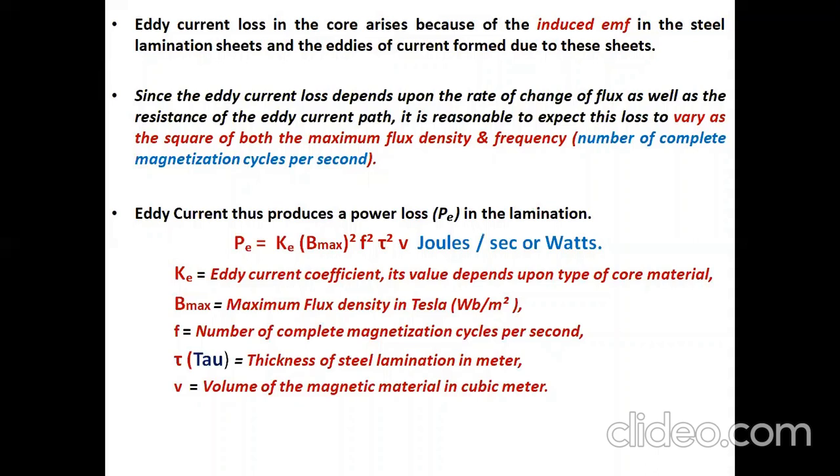Eddy current thus produces a power loss Pe in the lamination equal to Ke Bmax squared F squared T squared V joules per second or watts, where T is in tesla.